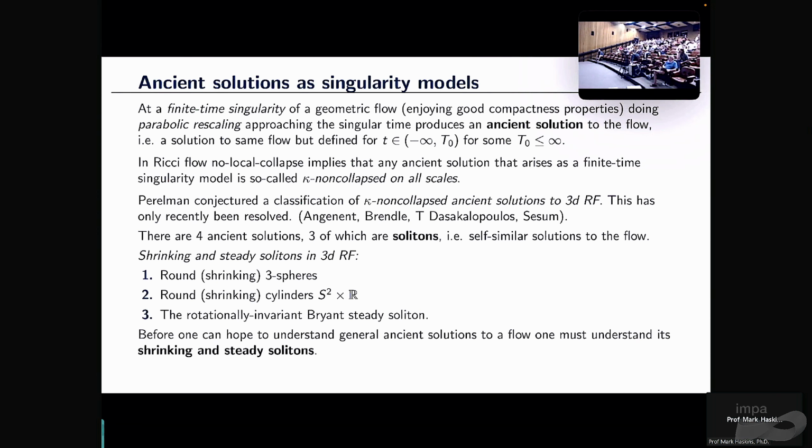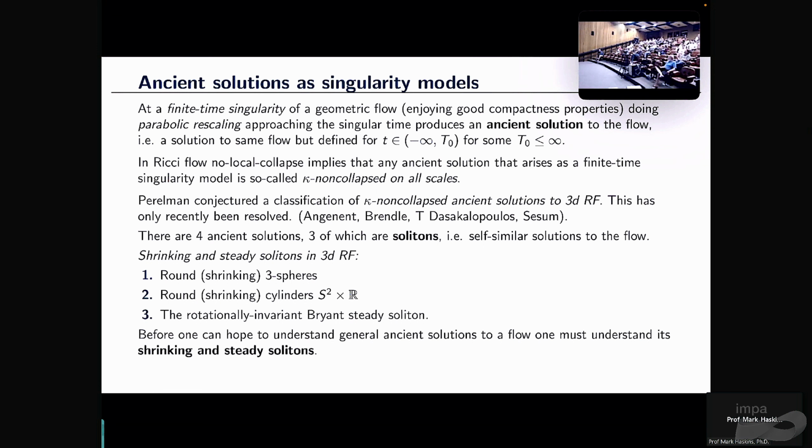So in 3D Ricci flow, Perelman conjectured a complete classification of these kappa non-collapsed ancient solutions. But that wasn't resolved in his original papers and has only very recently been resolved by a combination of authors: Angenent, Brendle, Daskalopoulos, and Natasa Sesum.